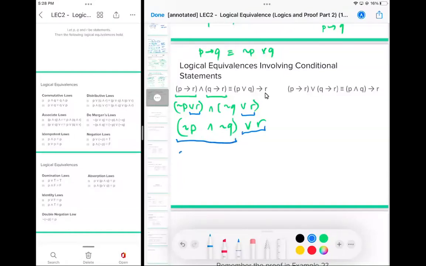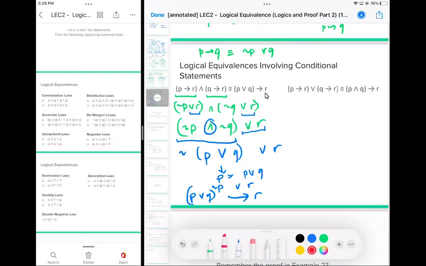So factoring out the negation, so this will give us P and this will become OR and then Q or R. Okay, and now we can treat this like a variable, P equals P or Q. So we have the not P or R in a form, which gives us P or Q implies R, which is the same with this one.